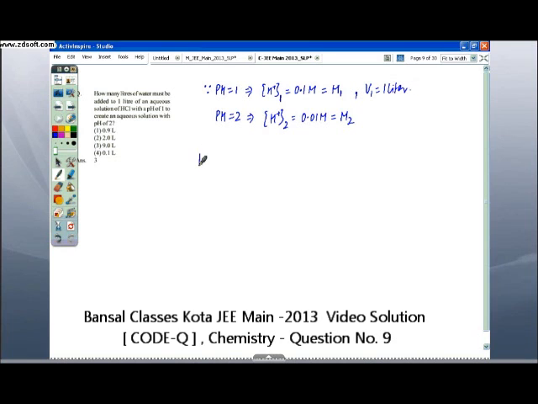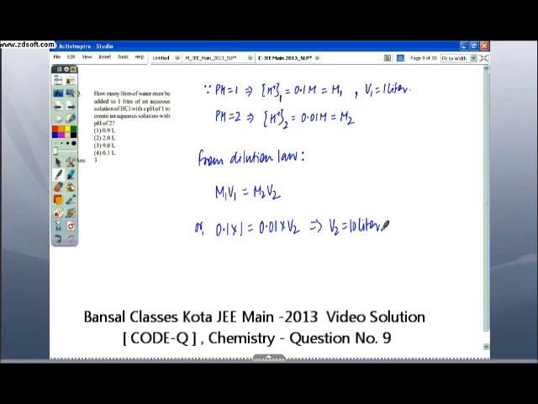So from dilution law, M1 V1 is equal to M2 V2, or 0.1 into 1 is equal to 0.01 into V2. This implies V2 is equal to 10 liter.